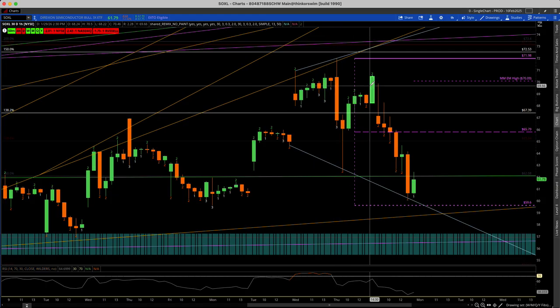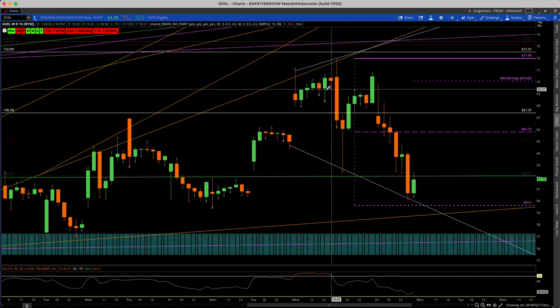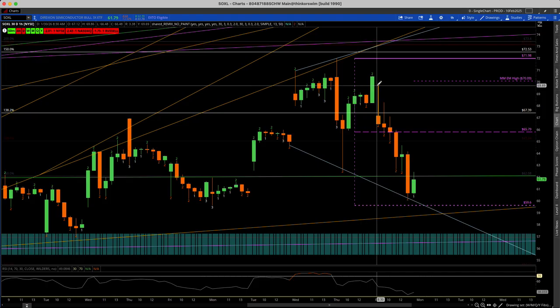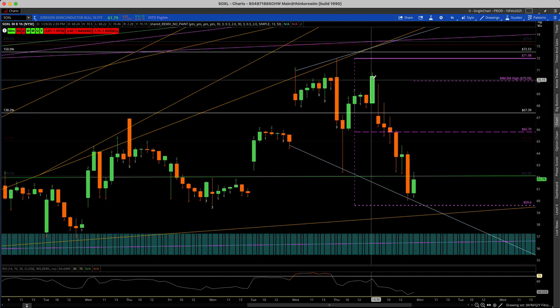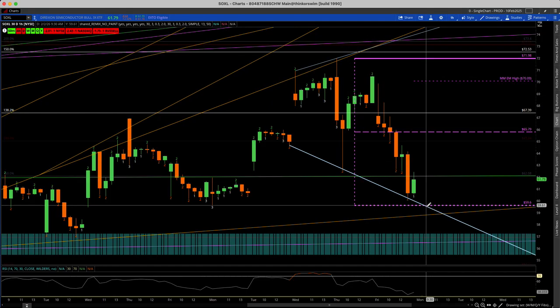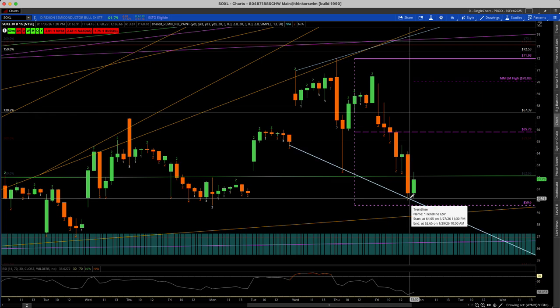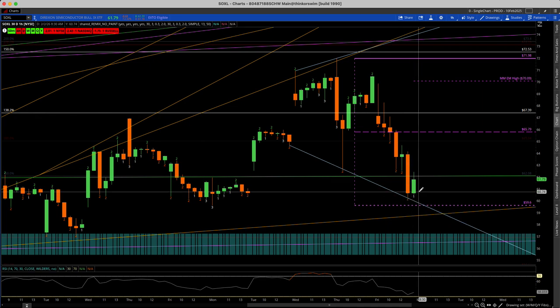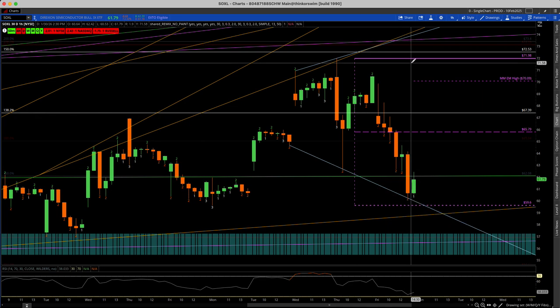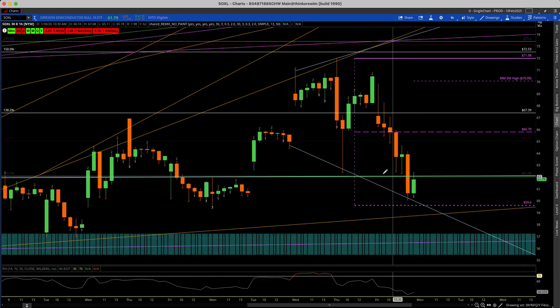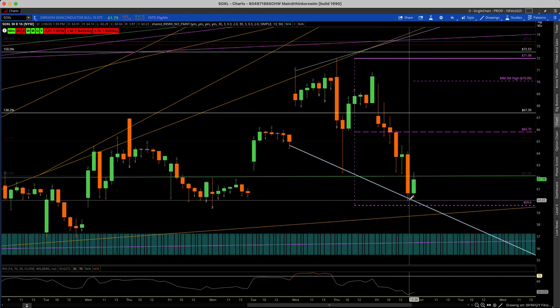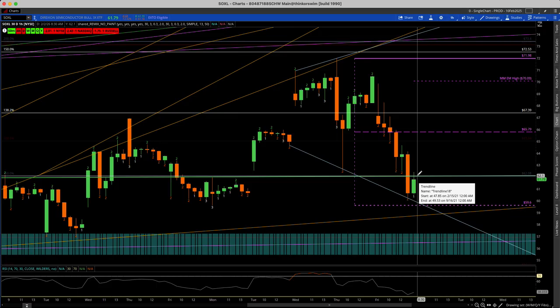We pushed up, got a little bit above 50% of that broadening formation, rejected or fell out, got this lower high here, and we came back down all the way to the hourly broadening formation, and we're seeing a little bit of a bounce there. I'm not saying we're going to bounce back up to the top of the broadening formation, but you can see we hit that broadening formation and made a little bit of a bounce there.